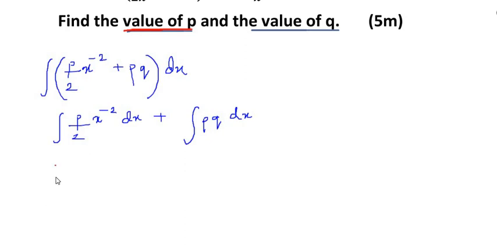That's why we take p over 2 outside and integrate only the x terms. So x to the power of minus 2 dx, plus similarly p and q are also constants because again they have asked for the values of p and q. So let me take p and q out of the integration, and here I can write 1 times dx.